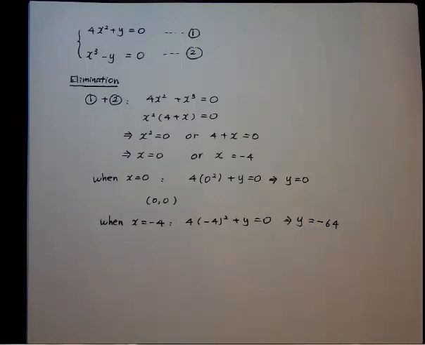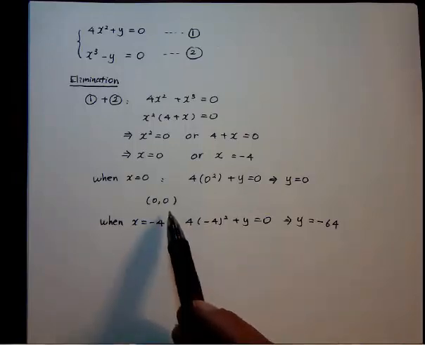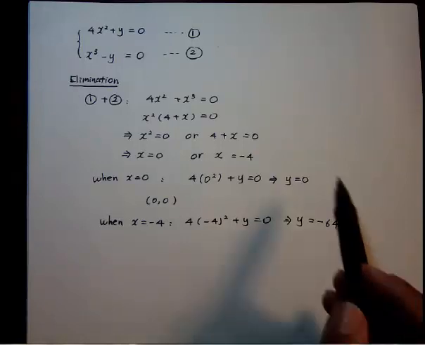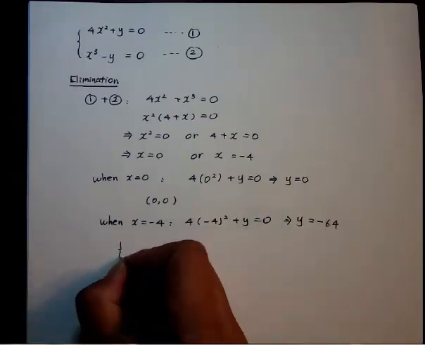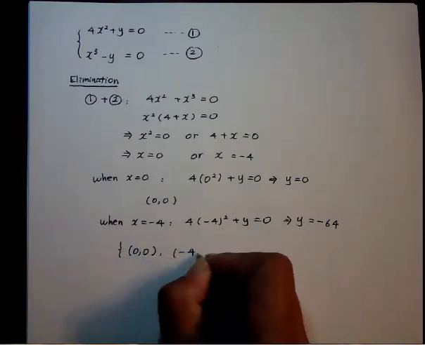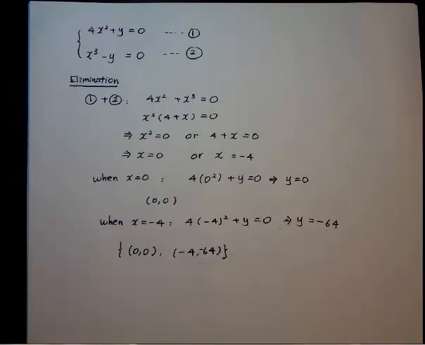So we have 1 and 2 in here. So we have two solutions, (0, 0) and (-4, -64). That's the elimination method.